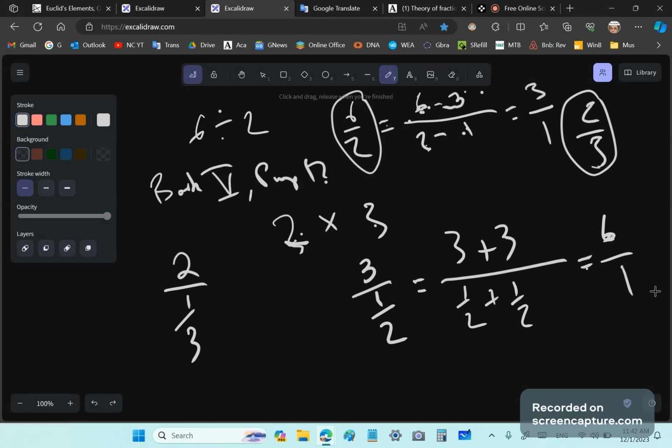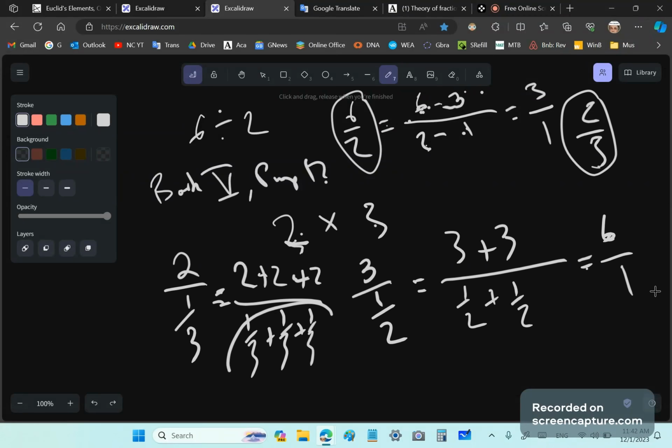Or we can say this is the same as 2 over a third plus a third. We still don't have 1 on the bottom, so let's just add a 2 there. Let's add another third again and another 2 there. So now we have 1 on the bottom and 6 on the top. So multiplication is a reciprocal process of division. And that's what it means.